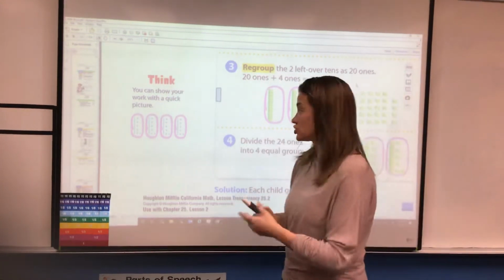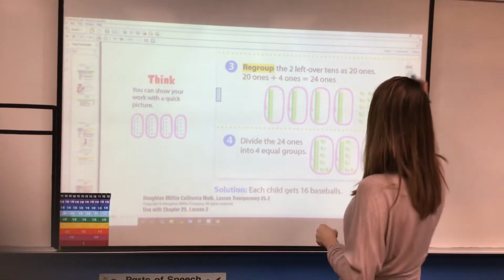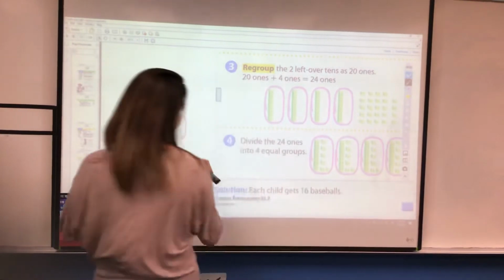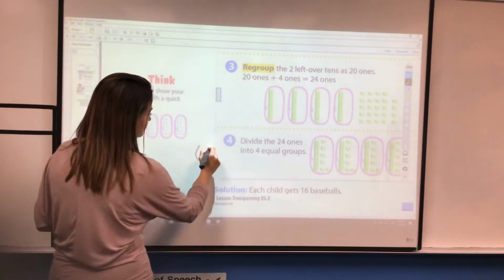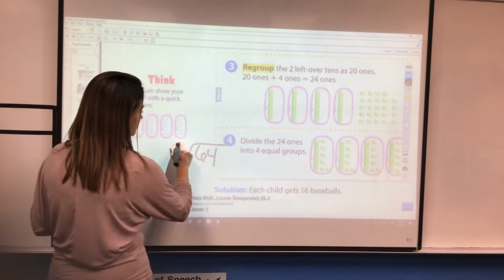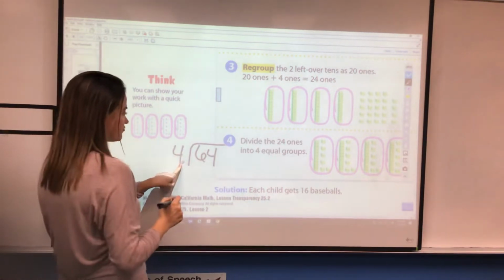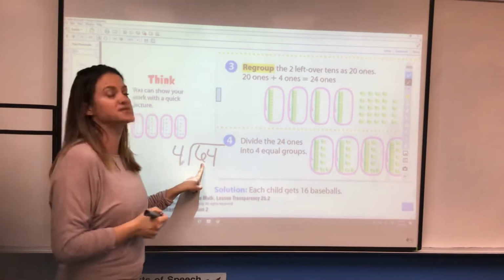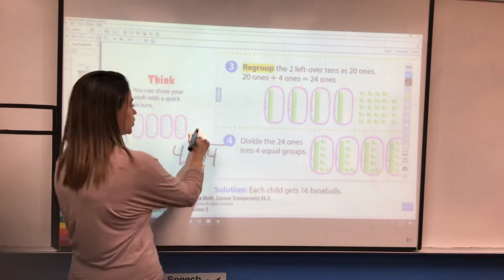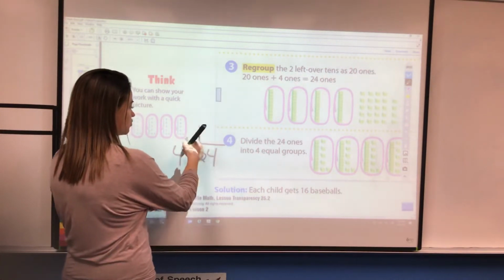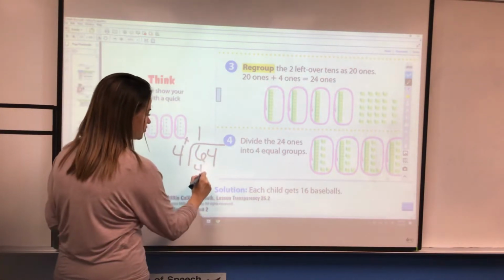So I'm going to go ahead and show you that problem if I was just going to divide it. So if I had 64 divided by 4, you would say, can 4 go into 6? Yes, it can. How many times? It can go 1 time. And 1 times 4 is 4.